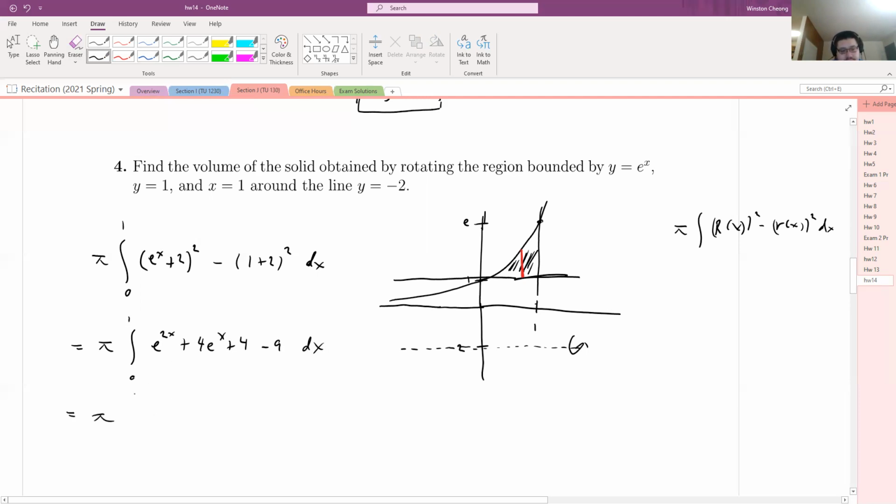And so you go ahead and integrate this. This is going to be 1/2 e to the 2x. That's technically a u-sub, but it's one of those simple ones that you should hopefully be able to do mentally. And then this is a -5, which is going to turn to a -5x when we integrate it. And we evaluate this from 0 to 1.